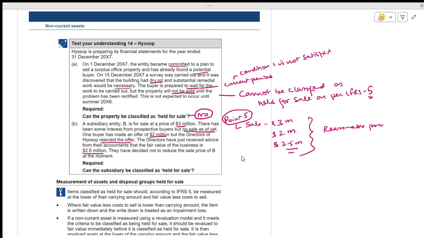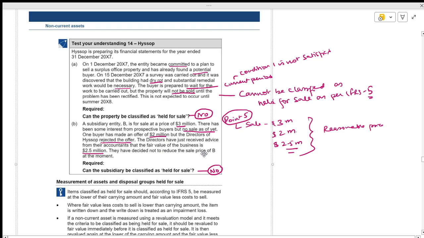They have the actions to locate a buyer in place. Okay. There is a buyer, right? But what the problem is, it has been stuck with the price. Now, can the subsidiary be classified as held for sale? No. You have to give reasons. Okay, you have to give reasons whenever a condition is going to be violated.